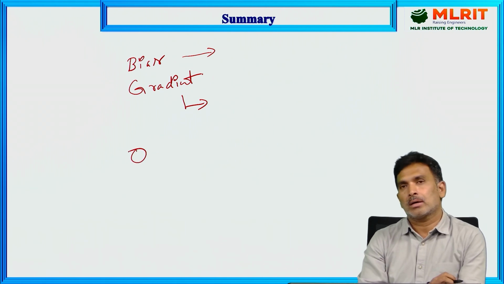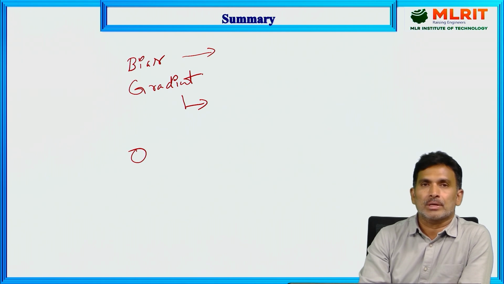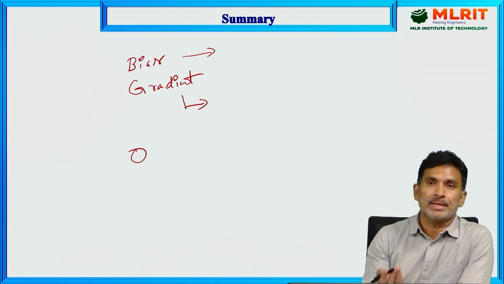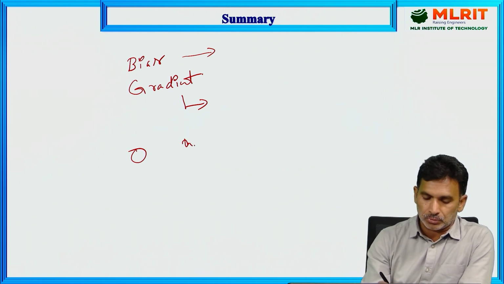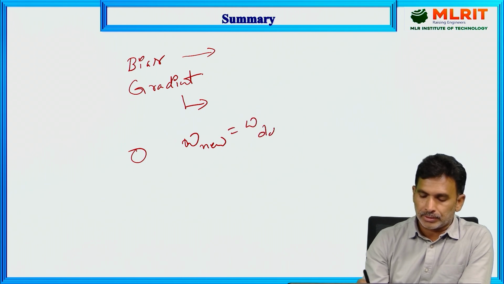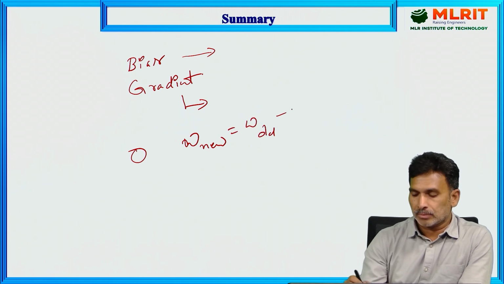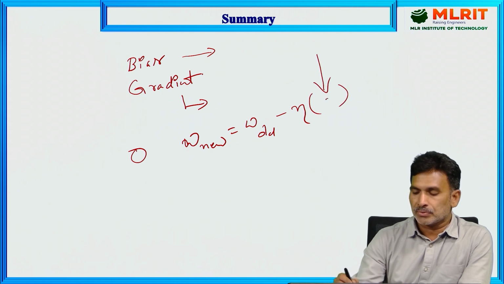If it becomes 0, it vanishes. That means there is no update, that means W new becomes W old, because minus learning rate times this gradient becomes 0.